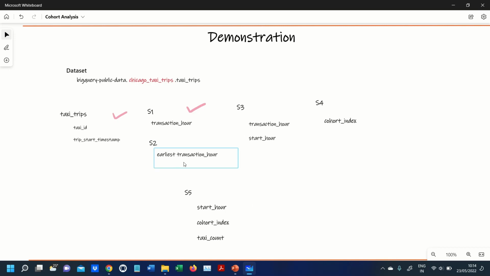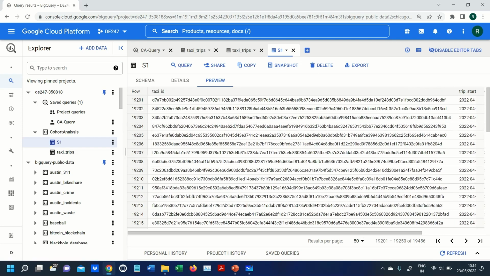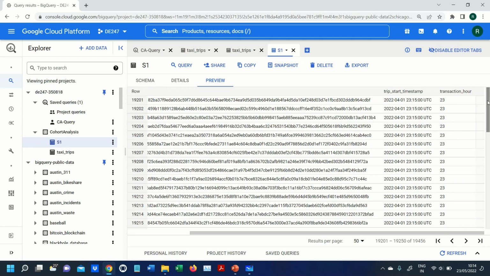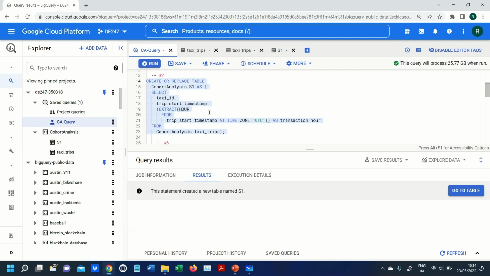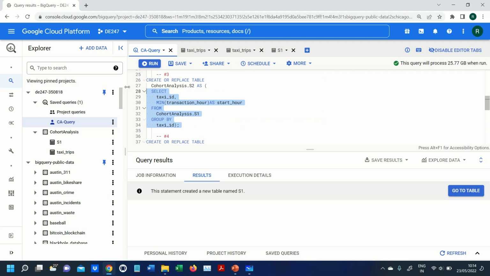The criterion is when each taxi started its trip on that day. In these 19,000, one taxi might have made several trips. So what is the earliest time that taxi has started on a particular day? That is my next query, and I'm creating one more staging table here.